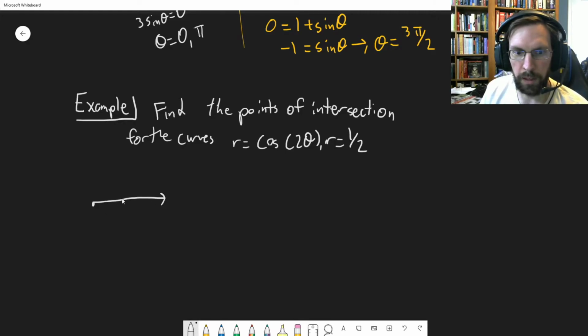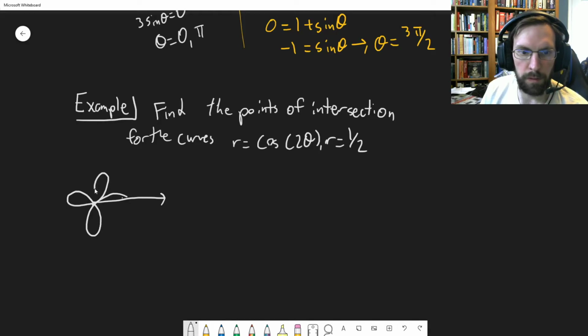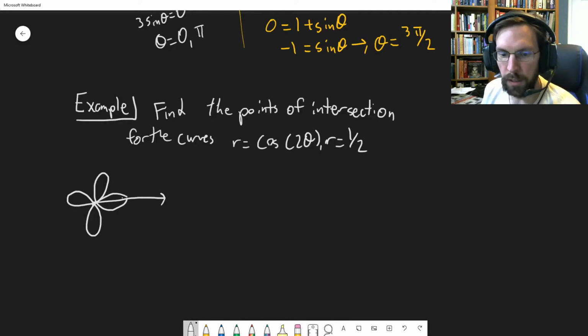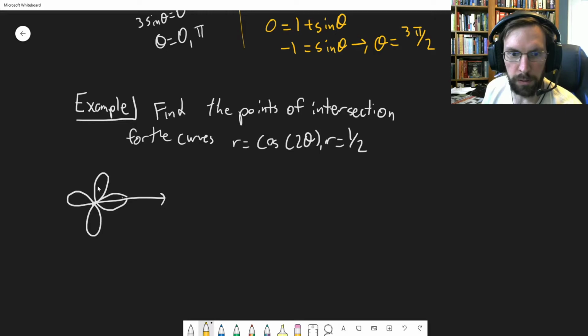Remember, it looks like this. Somehow I'm not getting better at drawing those. And then r equals 1/2 is going to look something like this.